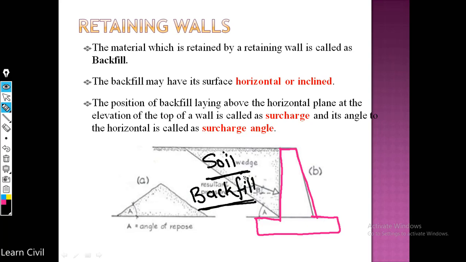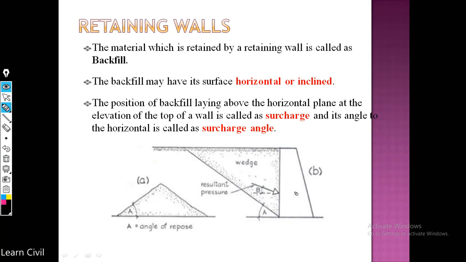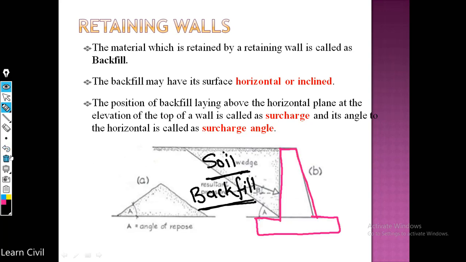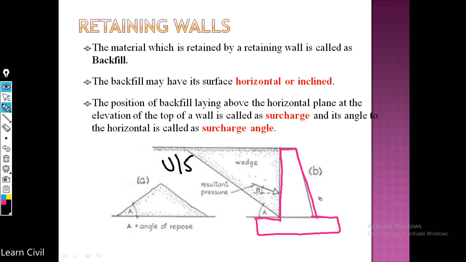This particular side on which the backfill is present is considered as the upstream side of your retaining wall, and the other side where the soil mass is not present is considered as the downstream side of your retaining wall. So this particular soil mass is considered as a backfill.